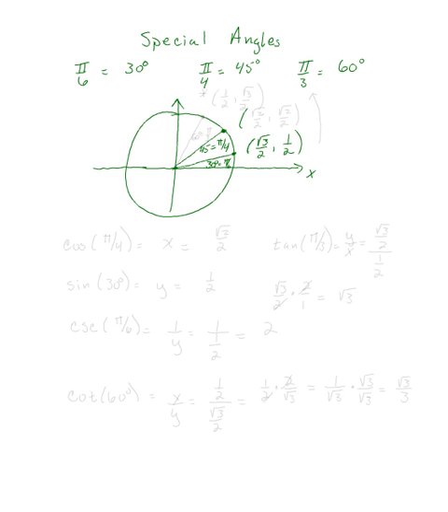And the coordinates here are square root of 2 over 2 and square root of 2 over 2. And the last one we're going to look at is an angle of pi over 3, or 60 degrees. And those coordinates are the same as the first ones we wrote down, just reversed. That's 1/2 and square root of 3 over 2.